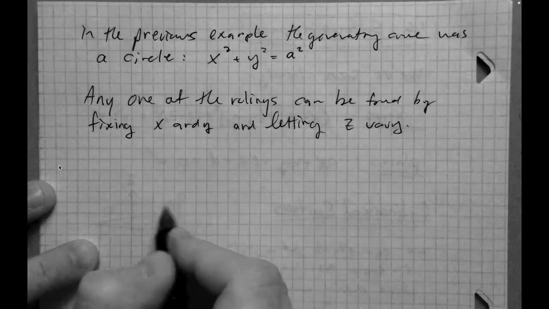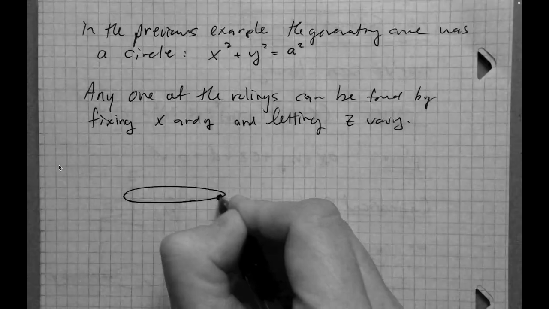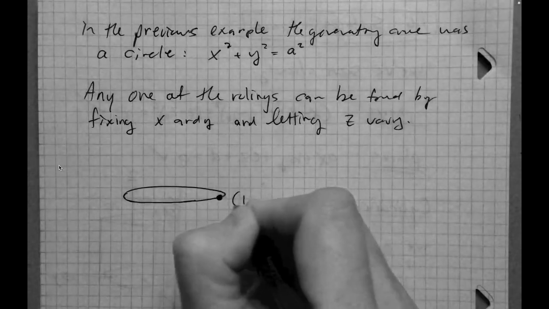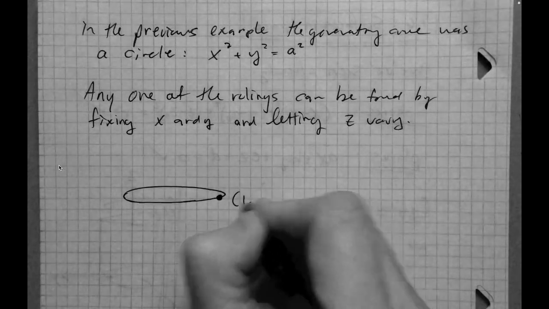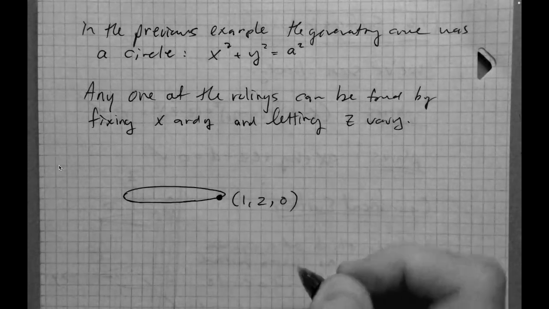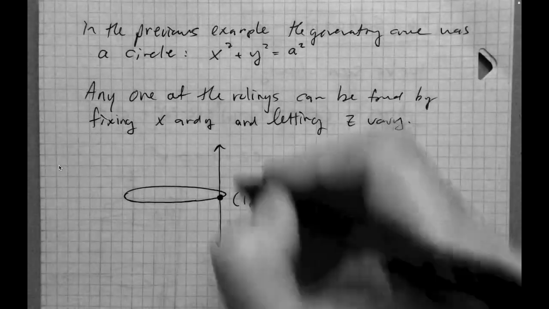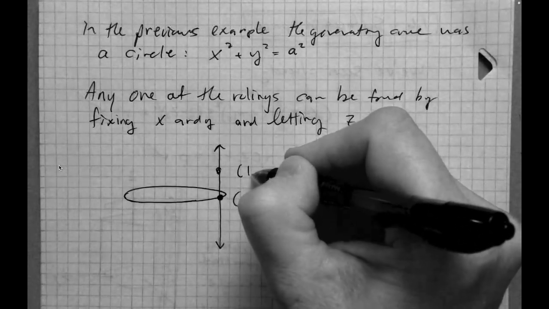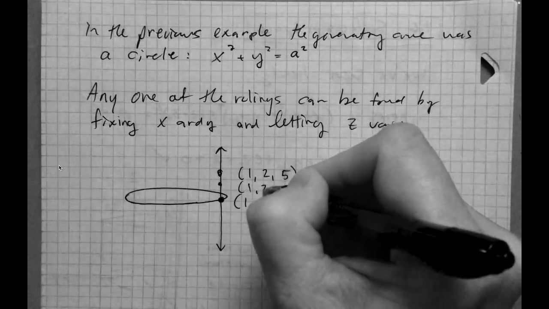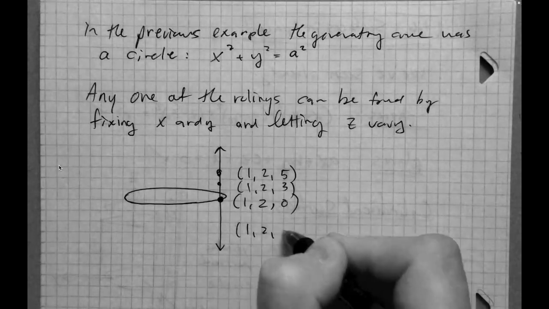So for example, if this is our generating curve here, maybe this point right here is 1, 2, 0, so it's in the xy plane. Then the ruling is just going to be the vertical extension of that point. Maybe up here you've got another point, 1, 2, 5, and in between, of course, you'd have 1, 2, 3, etc. And down below maybe it's 1, 2, negative 5.